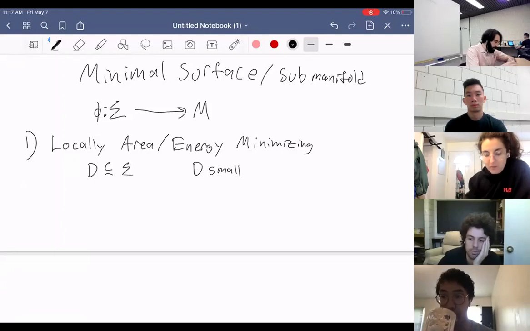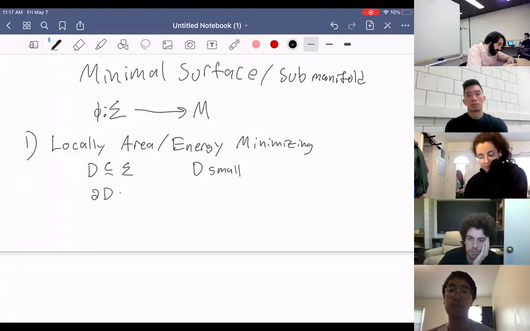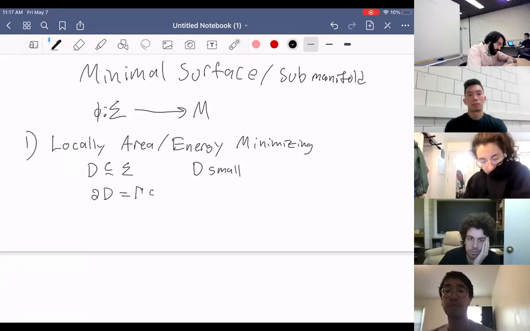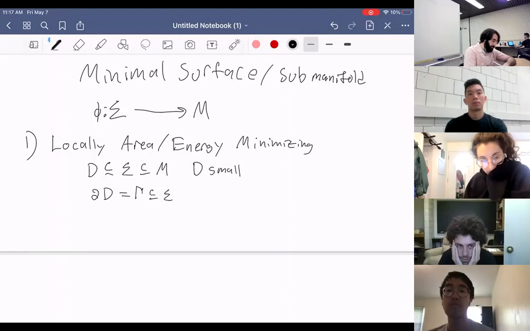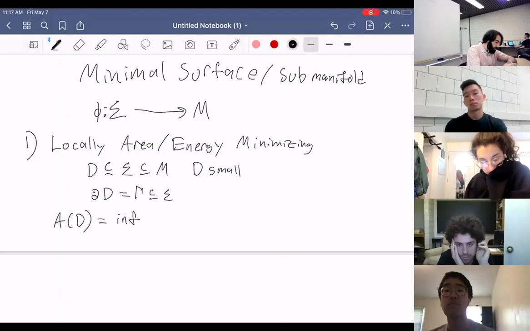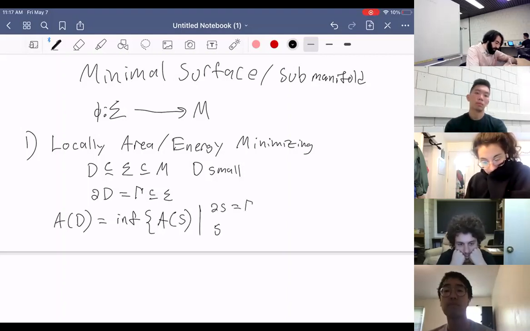D usually for disk. And let the boundary of this be gamma, which is of course inside sigma, and sigma is of course inside of M. Then the area of this disk is going to be equal to the infimum of the area of S, where the boundary of S is equal to gamma and S is inside of M.